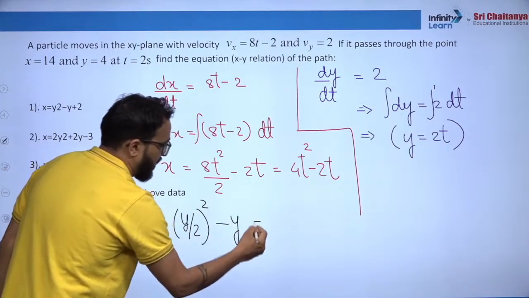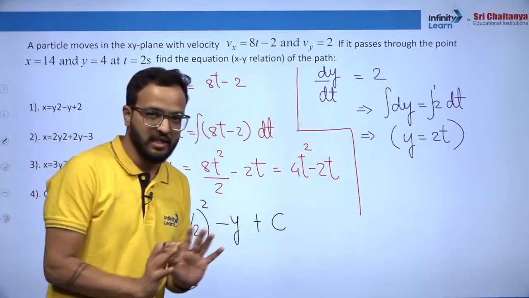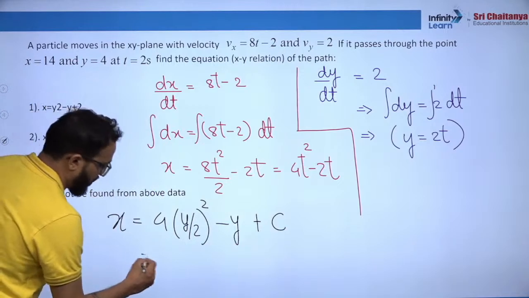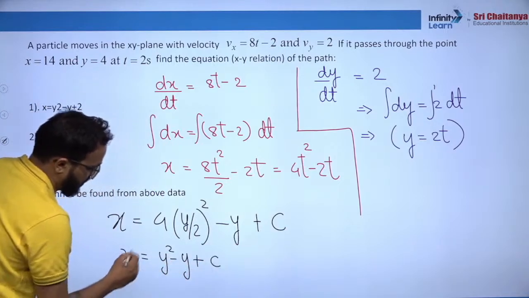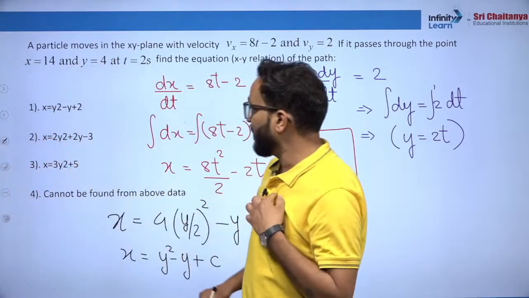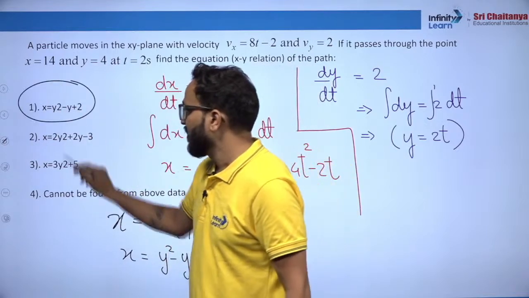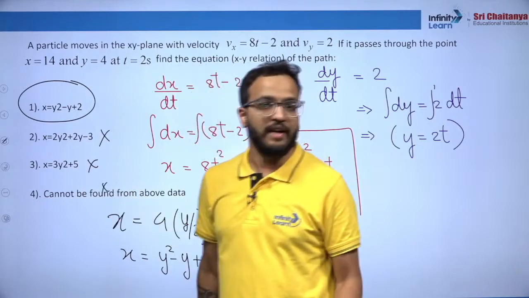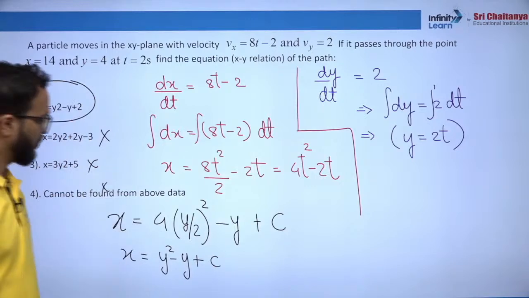So I guess plus c, now we will write it, because everything is done, whatever constant comes. So this will be y square minus y plus c. Can you see this? So any option matching here? Y square minus y plus c, first option is matching, but still we need to find out that constant, and for that they have given us this information.